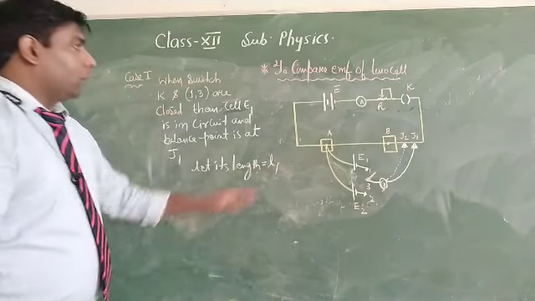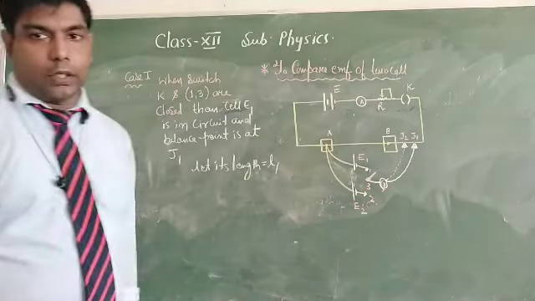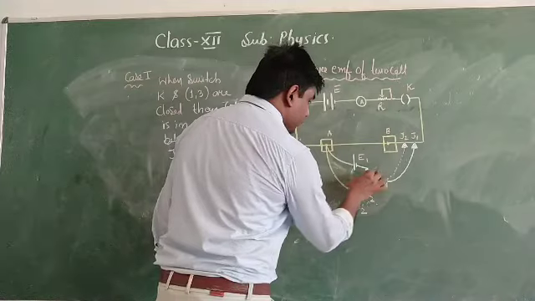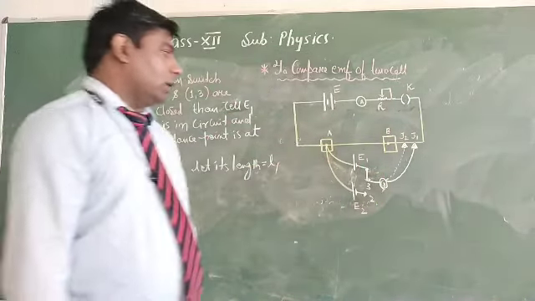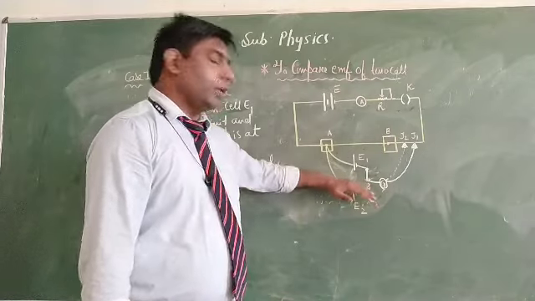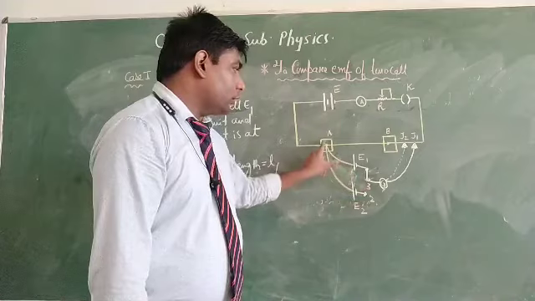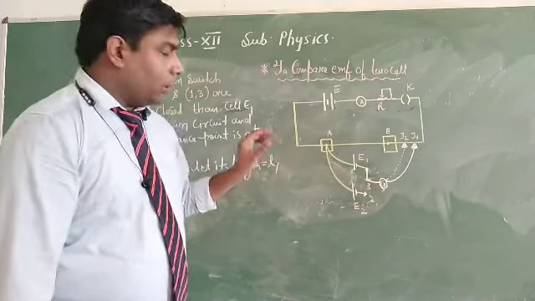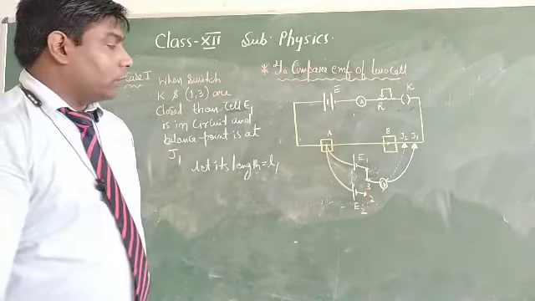Now see, in the first case we have to close the switch K and then close switches 1 and 3. When you close switches 1 and 3, this one is in open circuit, it will have no role, it is out of the circuit. Current will be flowing through E1, and for this condition the balance point is at J1.